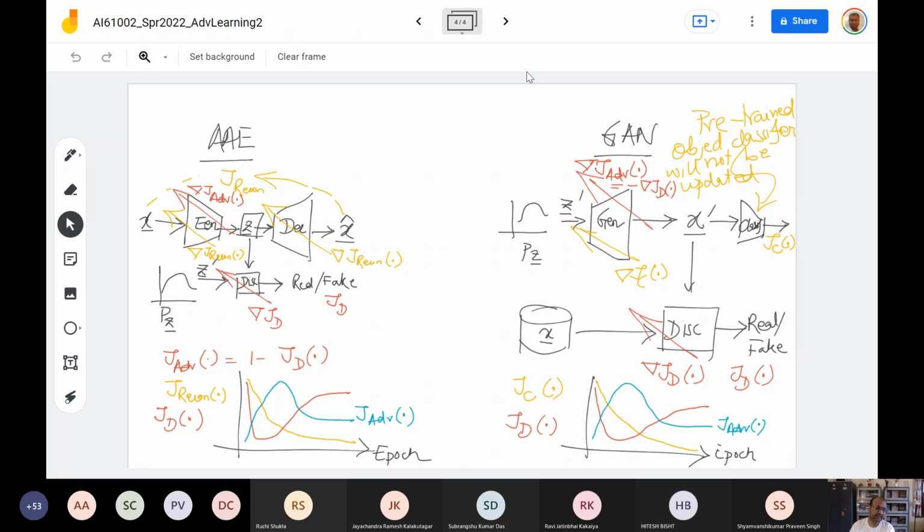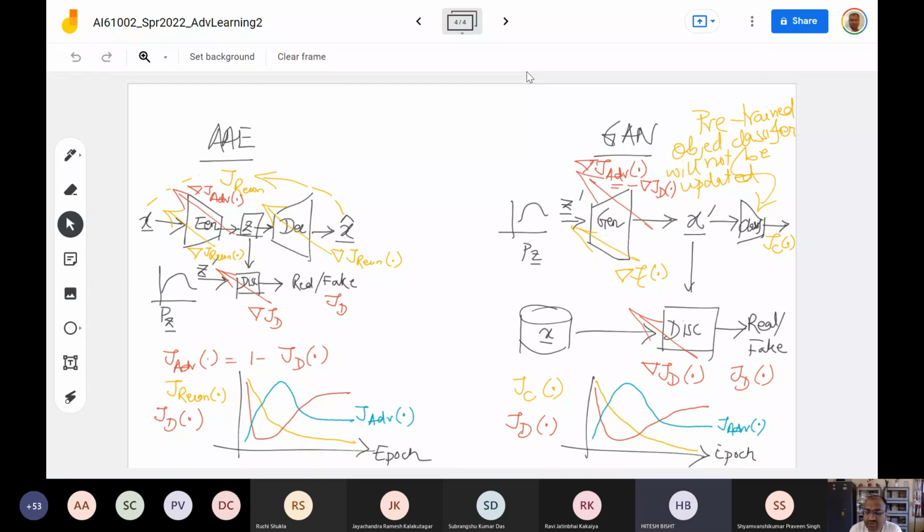Yes, so choosing the dimension of Z is a very clever question, and it is more of the designer's prerogative on what should be the size of that Z. So that means we are taking only the essential features.